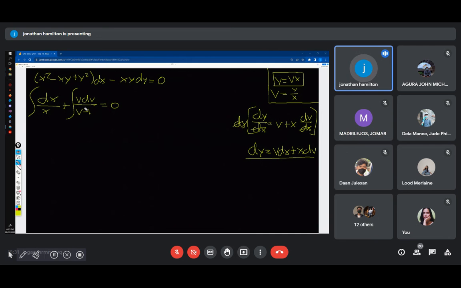And so since we have v over v minus 1, we can factor out and simplify.